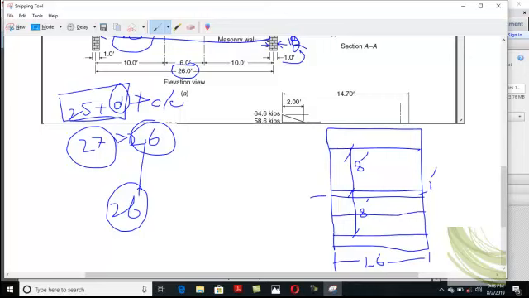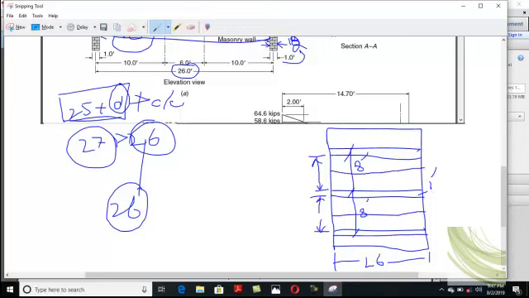The beam will also have a width. This is the total slab area.